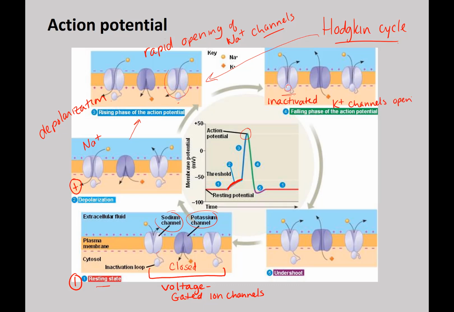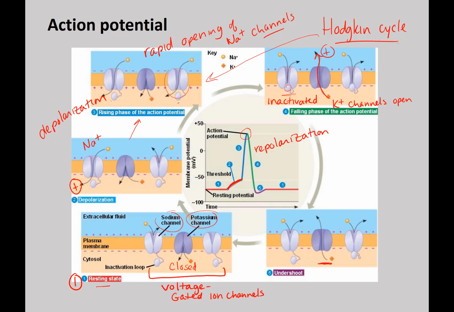So the potassium voltage gated channels open, and now we've got potassium moving out, and we get repolarization. Right? So now we're going back to negative because the plus charges are leaving. Okay. So as the potassium's moving out, our membrane potential is becoming more negative.